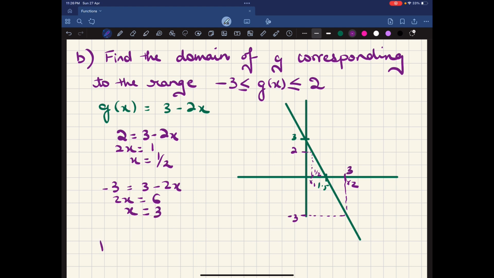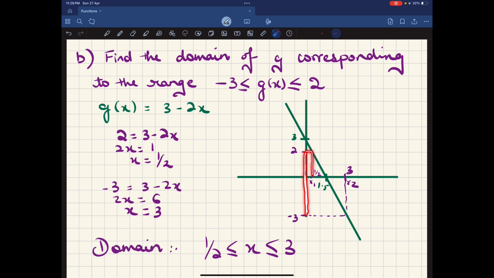So what is your domain going to be? The domain is going to be x greater than or equal to 1/2 and less than or equal to 3. For this range, we find the x value at 2 and then the x value at -3, and this is your respective domain for this range.